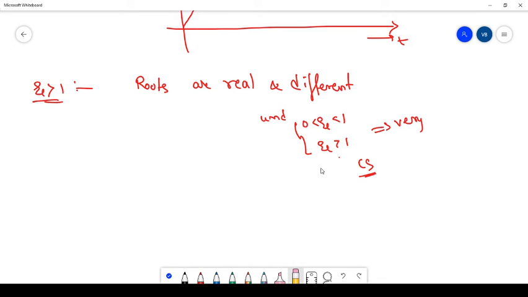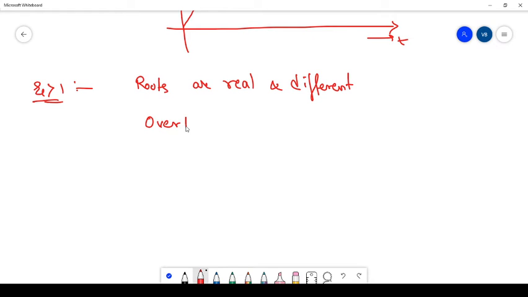But you have to remember these two points in process control. The roots are real and different when zeta is greater than 1. So what is the response called? That response is called an overdamped system response. What is meant by overdamped?